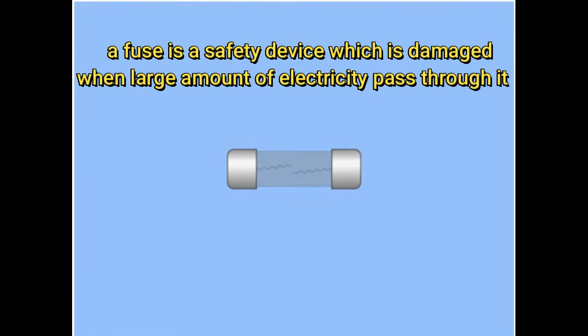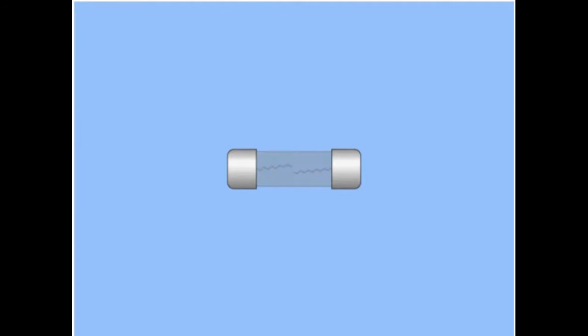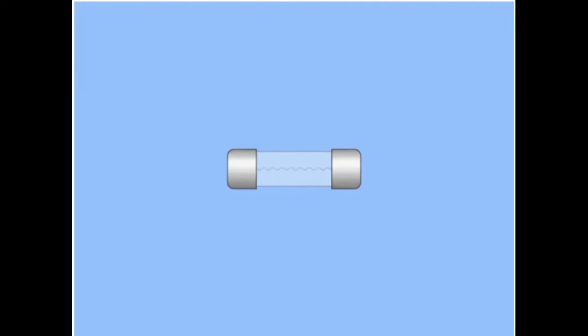When a large amount of electricity passes through the fuse, it will break. That is why they say it is a safety device. It means it will automatically break due to high current or high load.